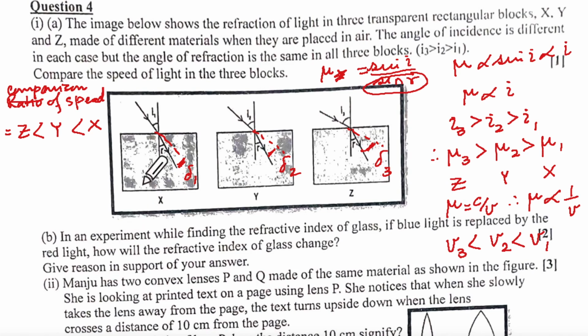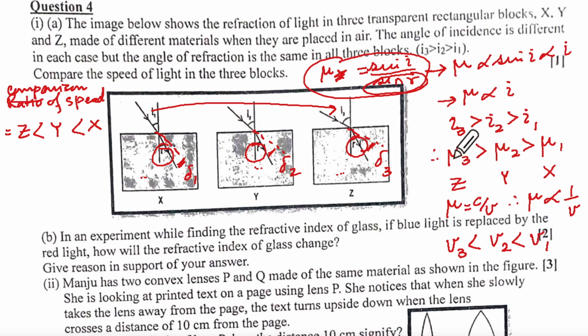Understood? If it was the same material, then if the angle of incidence was increased, the angle of refraction also would have increased. But what did they say? This R is the same, so we had to look at this first and then conclude this way, then this way.